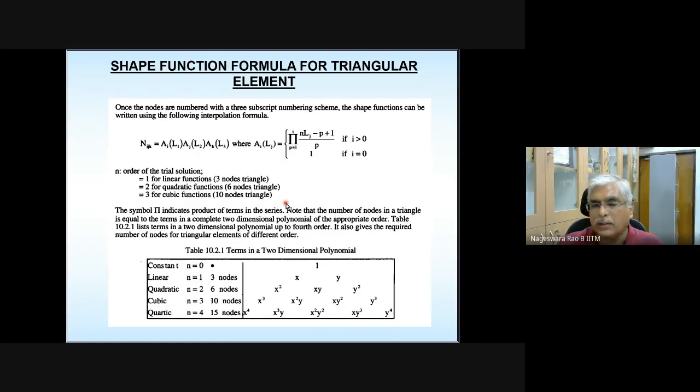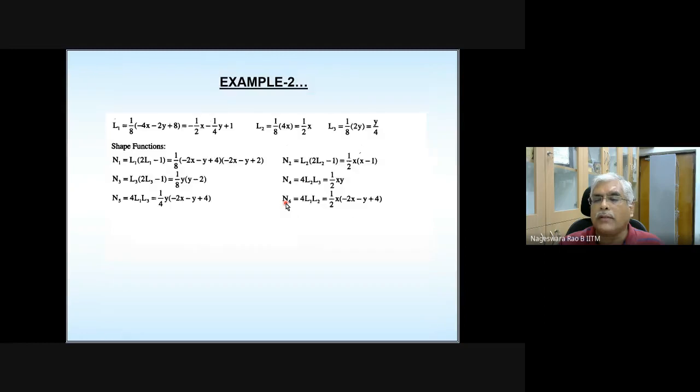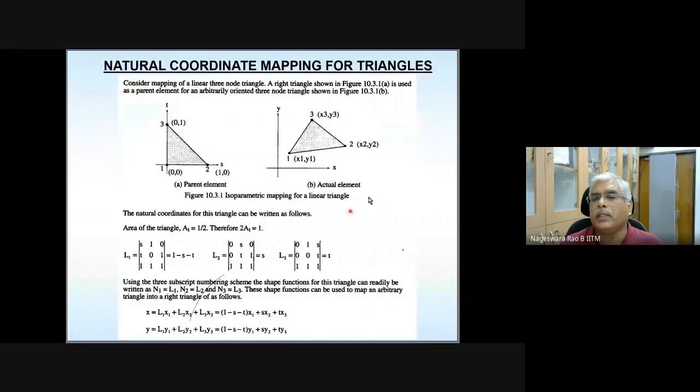Okay? So once you have the shape function expressions, you can solve any problem. Whatever I just told you, irrespective of whatever triangular element you have, the actual element, we are going to map onto this parent element. If it is a 3-node triangular element, we are going to map onto the parent element having nodes at these locations 1, 2, 3. Node 1 is at 0, 0, node 2 is at 1, 0, node 3 is at 0, 1.